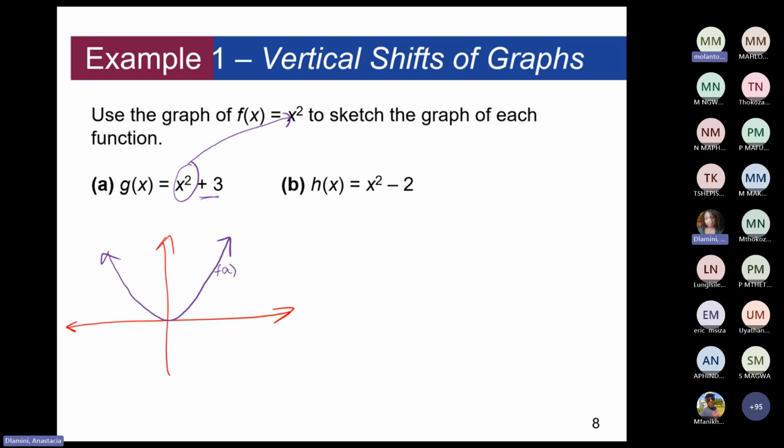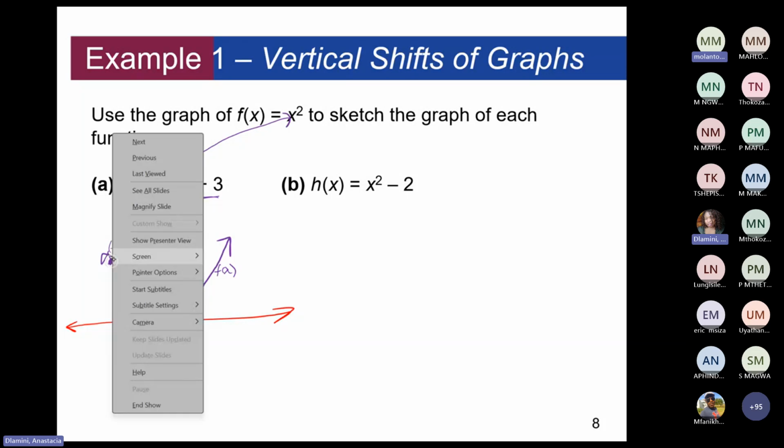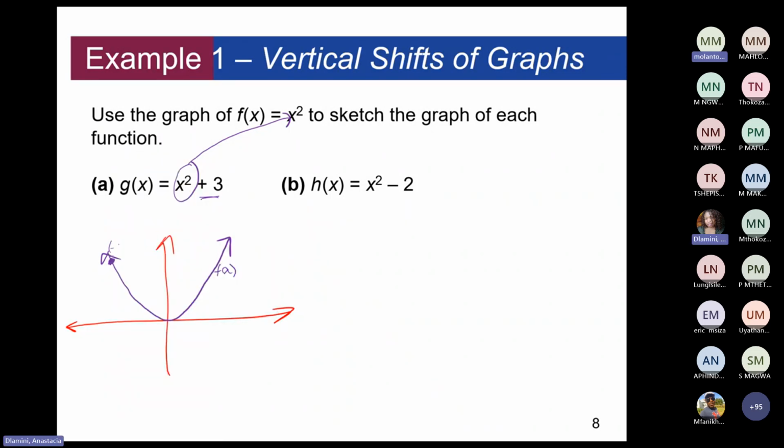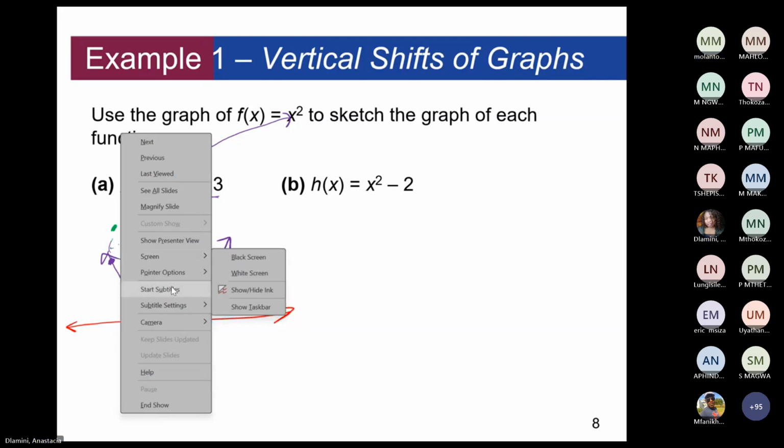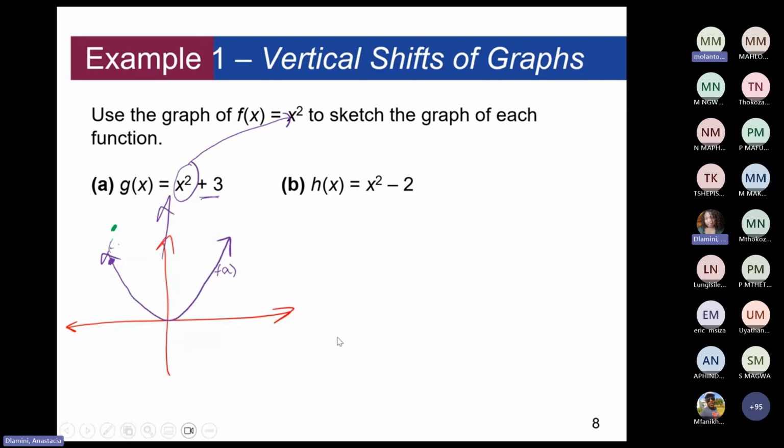So meaning every point here, the y value here, if this was -1 and something, you add 3, this point has to move 3 units up. Let me choose a different color. 3 units up, 1, 2, 3, it will be here. This point will also move 3 units up. It will be somewhere here.